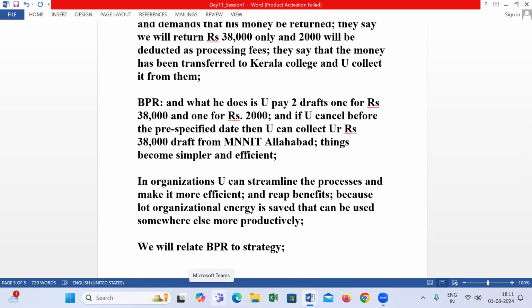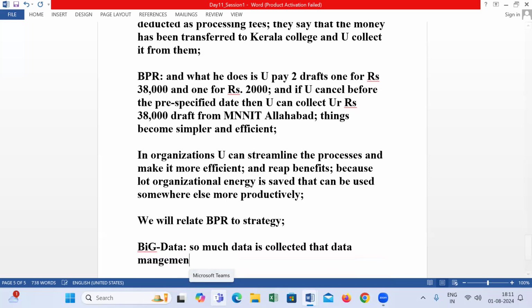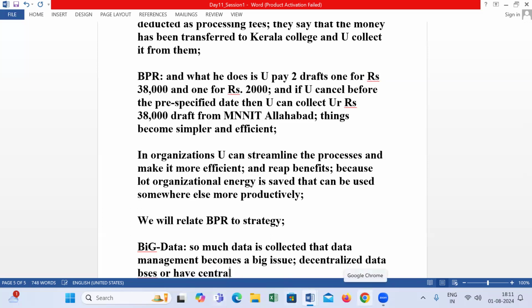Next is big data. Nowadays, so much data is collected that data management becomes a big issue. You can have decentralized databases or have centralized databases.